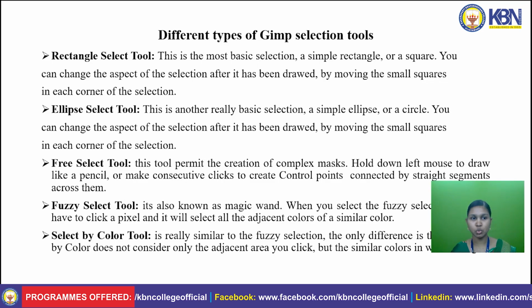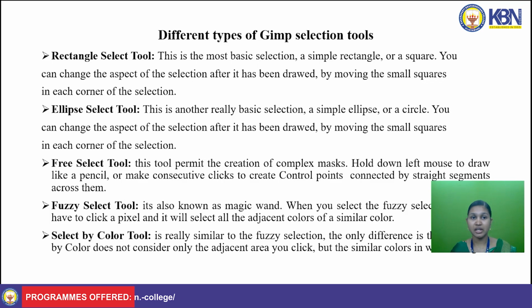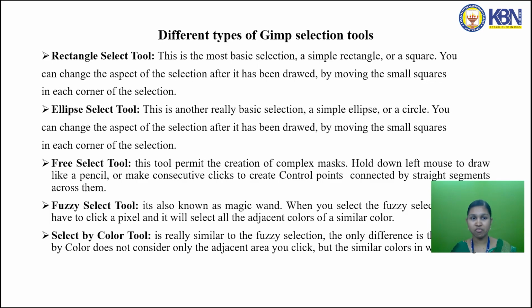Then coming to the ellipse select tool. This is the oval shape and we simply call it a circle shape. This shape also looks like a circle, because in every shape your selection will by default be converted into a square box. Wherever you move that shape, the square box will be included.